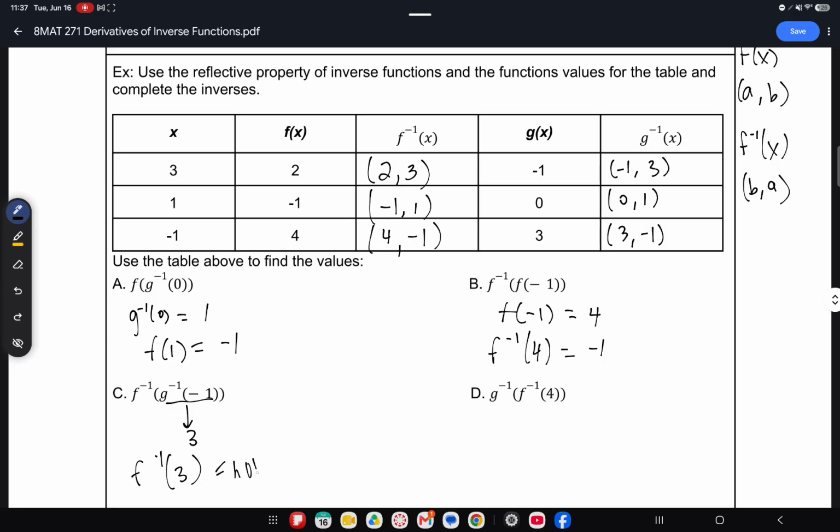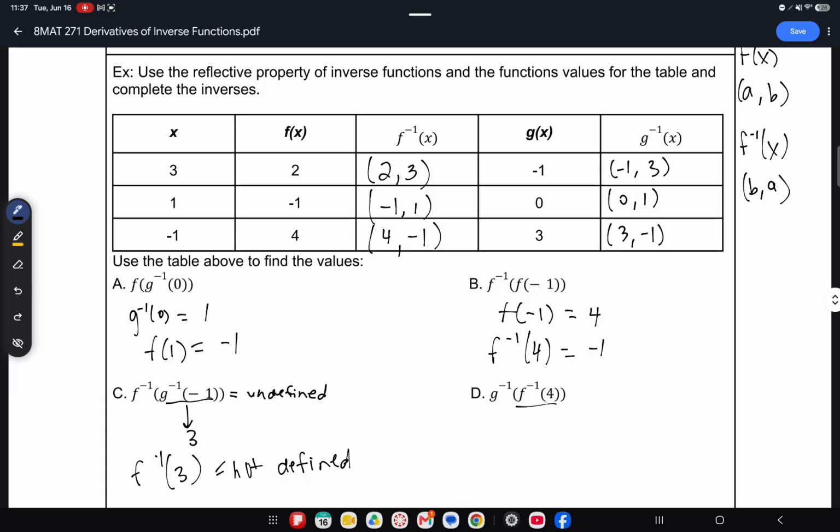So this is not defined. And because that one piece is not defined, that entire question, we would say, is not defined or undefined. I wouldn't say doesn't exist, because I guess it's possible it could exist, but it's just not defined in what we have.